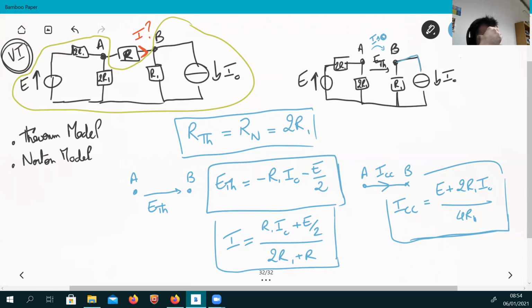which means that there is one current flowing through here, which is I0. And there is another current flowing through here, which is I1.